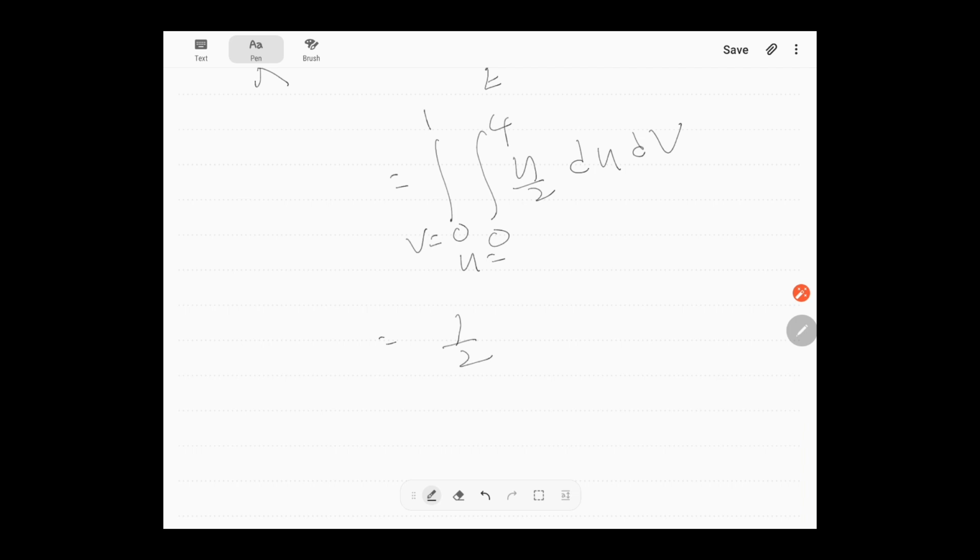If I substitute the limit 4, 4 square is 16, by 2 is 8. Then 8 by 2 dv between the limits 0 to 1. The integral of 8 by 2, which is 4, is 4v, and if I substitute the limits, that is 4 into 1, which is 4. The integral value is 4.